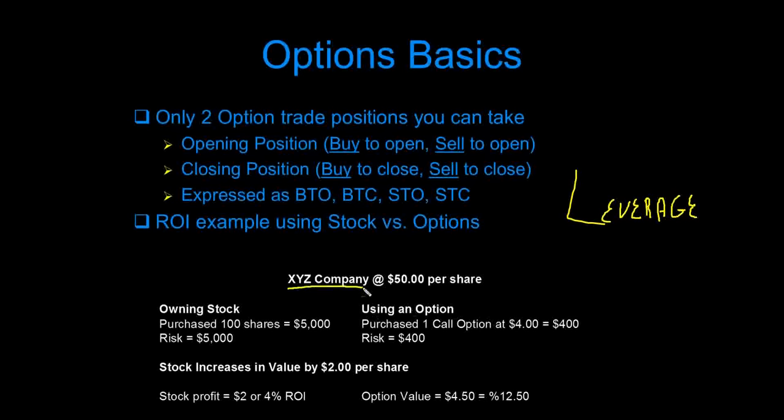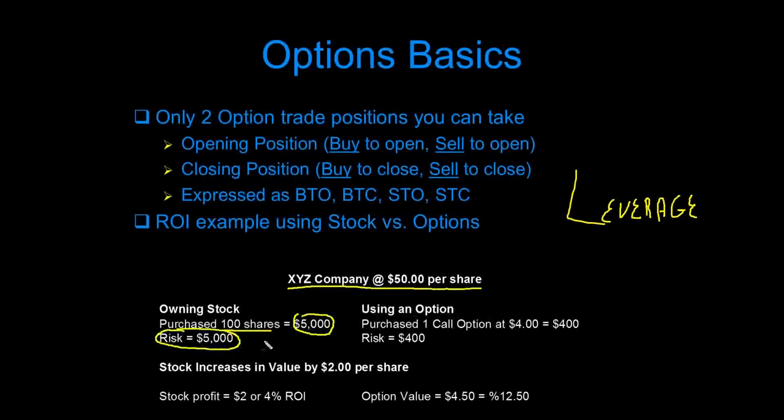So let's say a company is at $50 a share. If you buy 100 shares of stock, it's going to cost you $5,000. Your risk in that trade is $5,000. Now, that's the textbook risk. The reality is, unless you bought a tip from Uncle Louie and spent $5,000 on a 10-cent stock or a 25-cent stock, like going to the horse races, then your risk is like that.